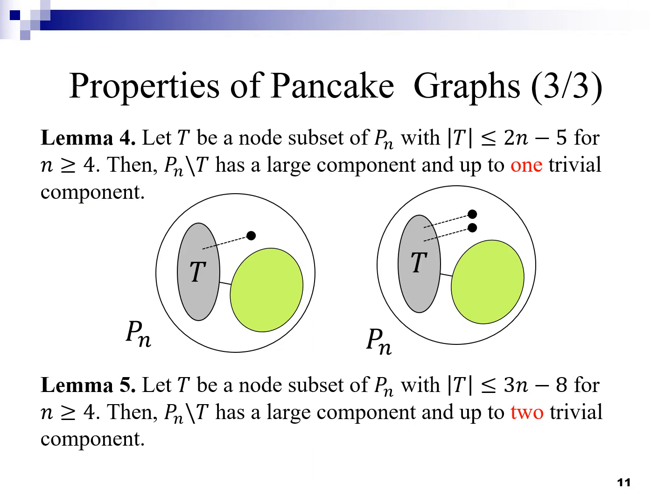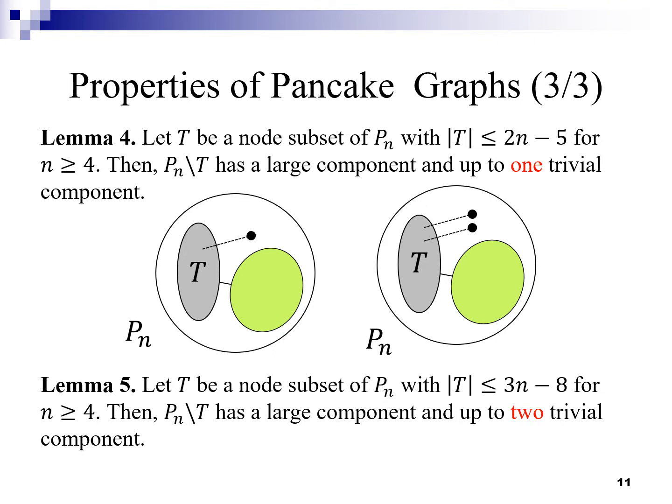And lemma 4 and lemma 5 describe some properties after deleting a number of nodes in Pancake graph P_n. Lemma 4 states that let T be a node subset of P_n, where the number of nodes in T is at most 2n minus 5 for n at least 4.